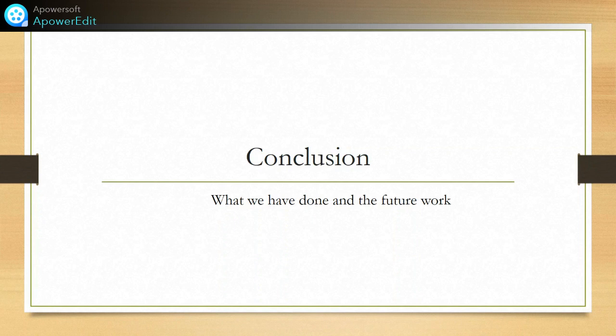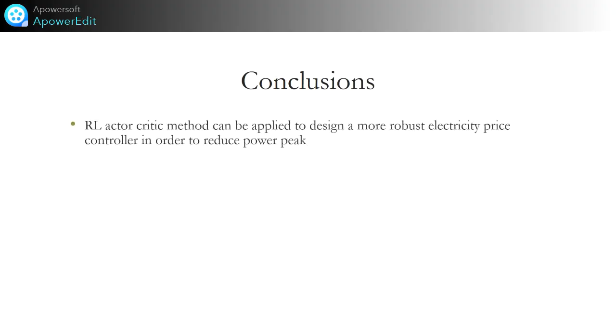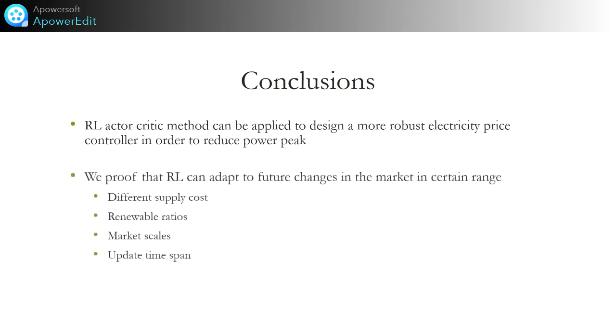Last but not least, we are going to conclude what we have done and the future work we can do in this area. All in all, we proved that the RL actor critic method can be applied to design a more robust electricity price controller in order to reduce the power peak.